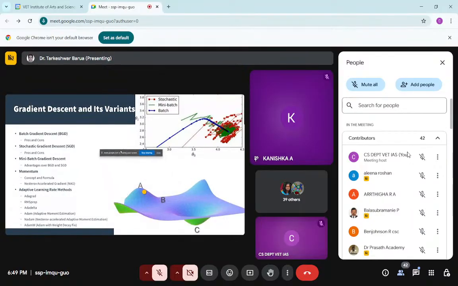If you talk about SGD, we have a top point A, B, and C. We need to minimize the slope distance between A and C, and these methods will help us achieve this.